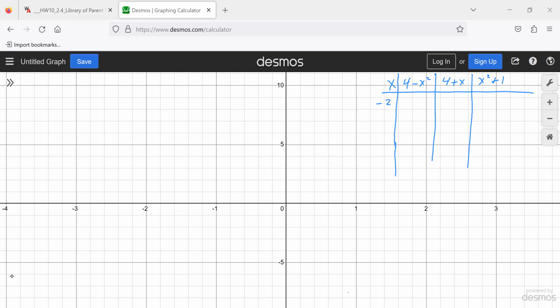So 4 minus -2 squared would be 0, right? You guys agree? But now choose a number below, so we get our second point. 4 minus -3 squared.